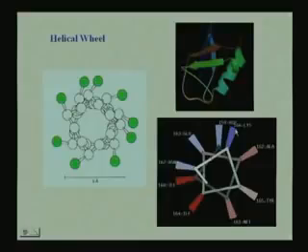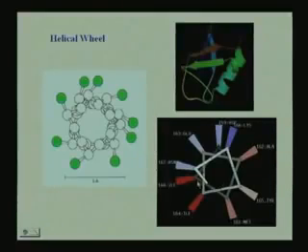What are these? These are all hydrophilic in nature. What about the ones here? Isoleucine, methionine, tyrosine to some extent, and alanine. What are all these? They are all mostly hydrophobic in nature. So if I just give you a picture of the helical wheel that is here, you can straight away tell me which part is going to face the solvent.